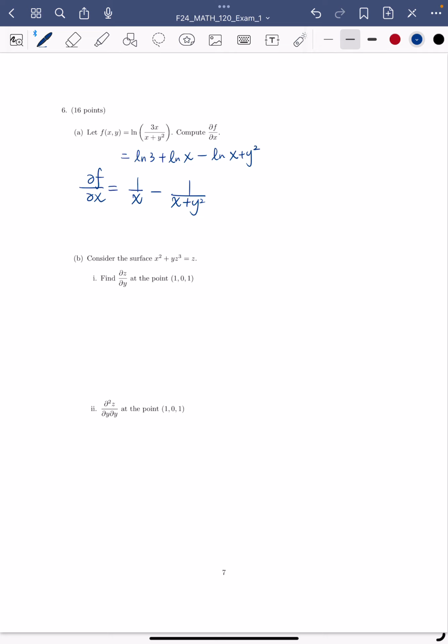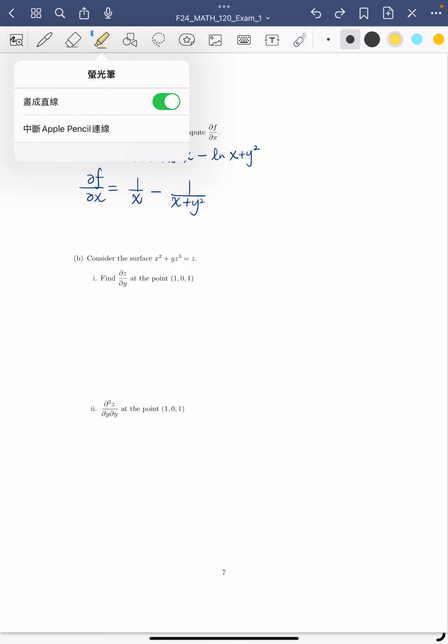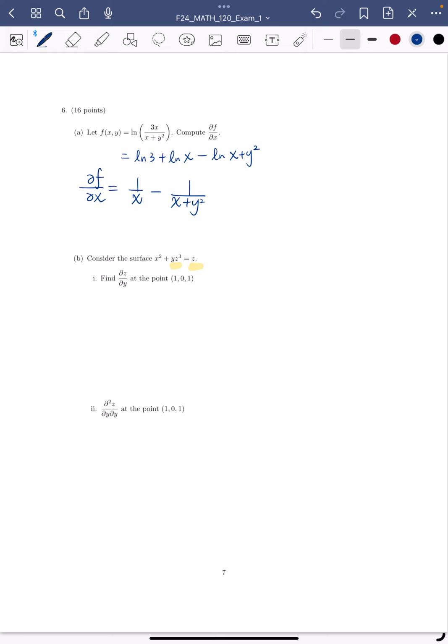It's not as simple as the previous one because we have z both at the left hand side and the right hand side. So partial z, partial y.